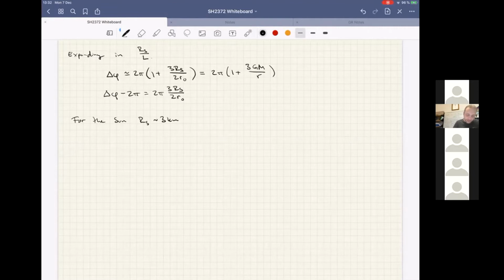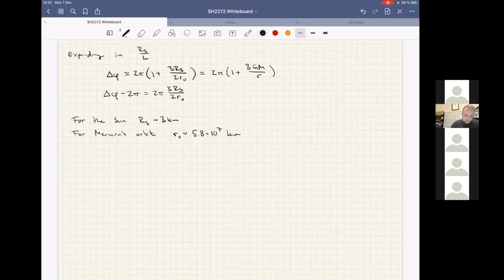And for Mercury's orbit, we have that R0 is approximately 5.8 times 10 to the 7 kilometers. So indeed, Rs divided by R0 in this case is going to be very small, so this is going to be a relatively good approximation.